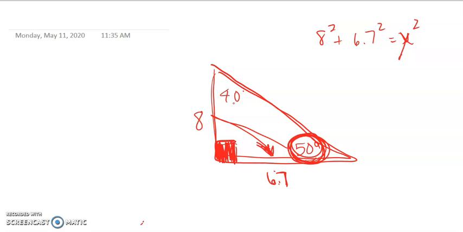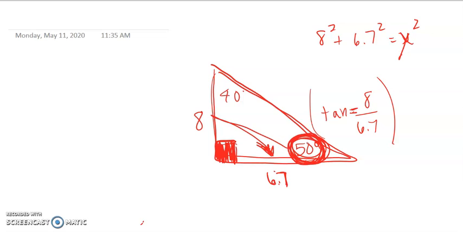There's a ratio that always goes with those values. And if I later give you the ratio, the tangent of 8 over 6.7, you're going to be able to tell me that is a 50-degree angle. And we'll talk about that later.